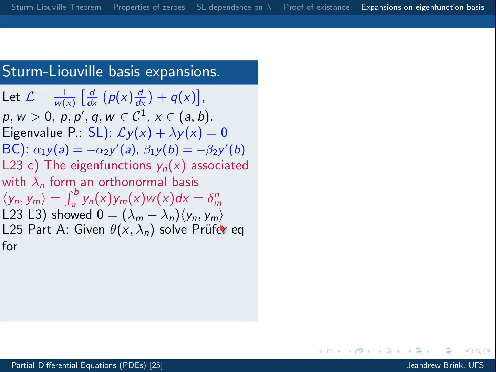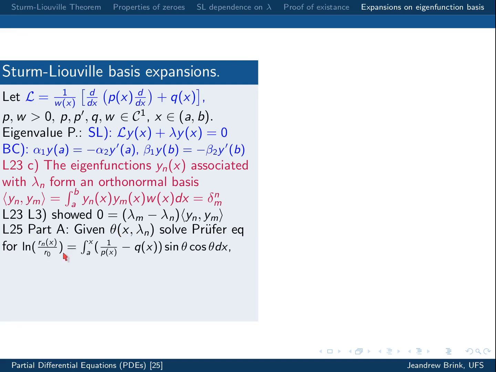Now, in the case where n equals m, we want to prove that the delta function equals 1. The way we do that is to define our eigenfunctions to be normalized correctly. Remember, in part A of this lecture, we proved that we could always find theta of x, lambda n, that solves the pre-Fourier equations.